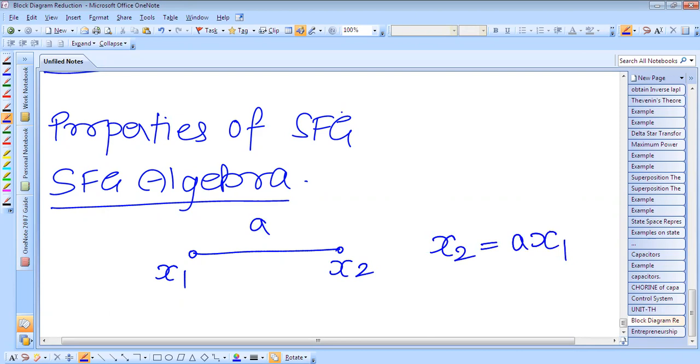The total transmittance of cascaded branches is equal to the product of all the branch transmittances. Cascaded branches can be combined into a single branch by multiplying the transmittances.